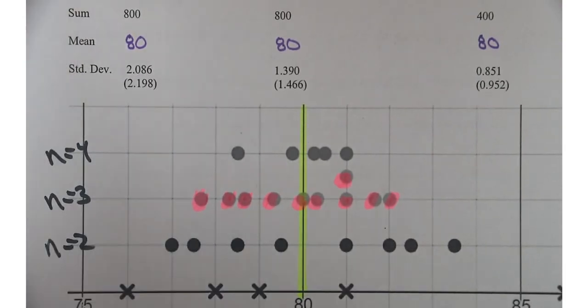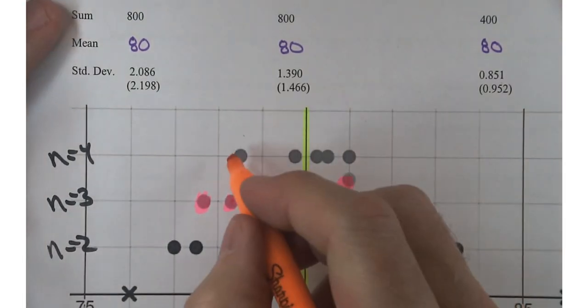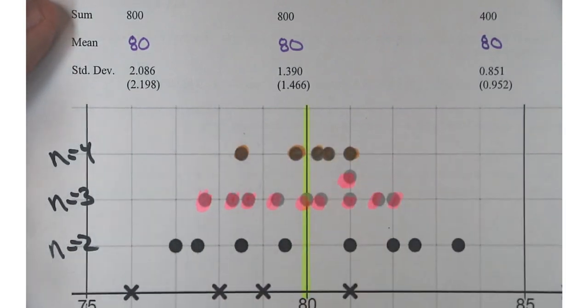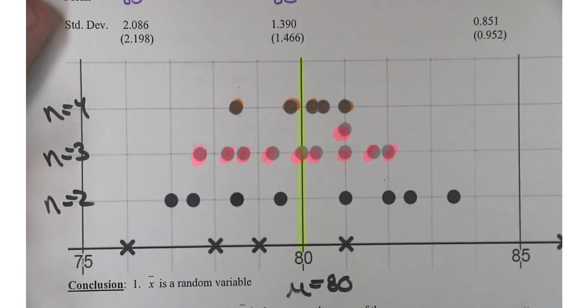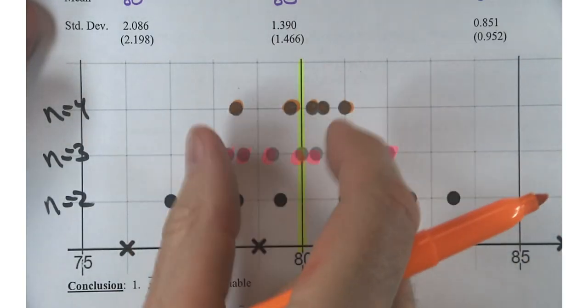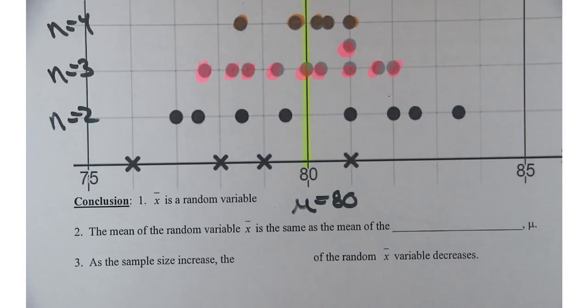So there's our samples of size 4. Let's look at these. And something's happening when we increase the sample size. What's decreasing? The standard deviation. The spread of our data is decreasing. So that's actually one of the conclusions that I want you to get out of this.